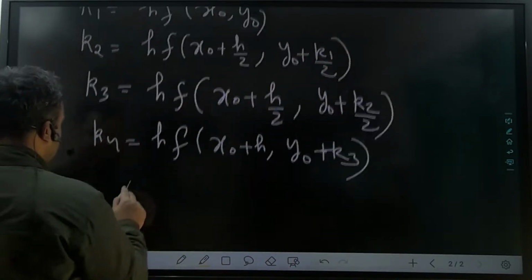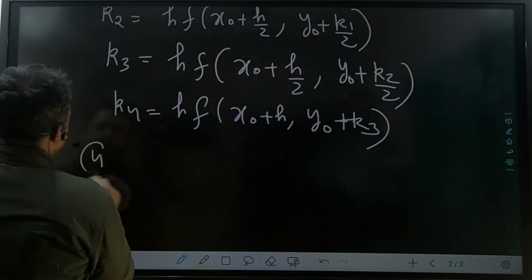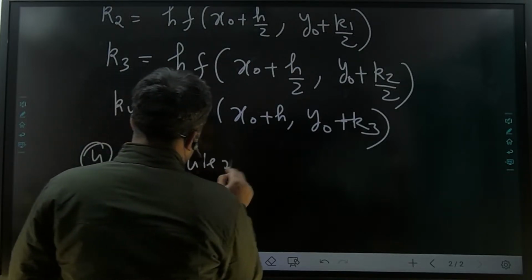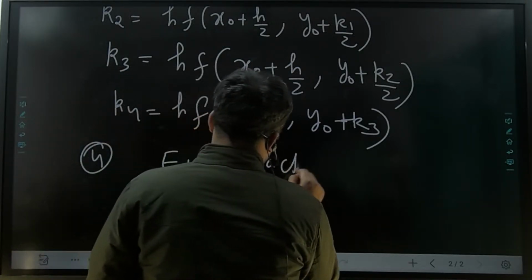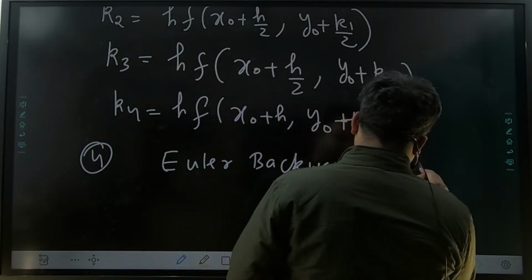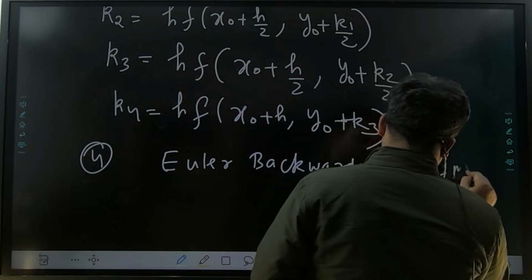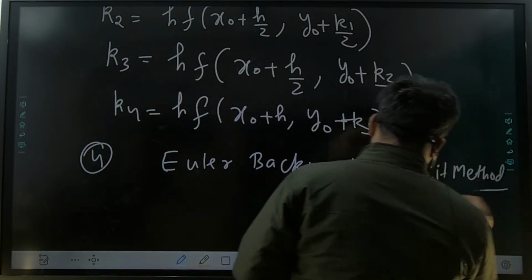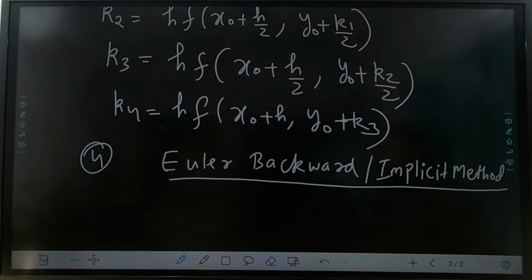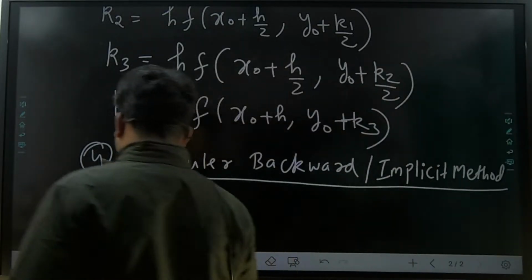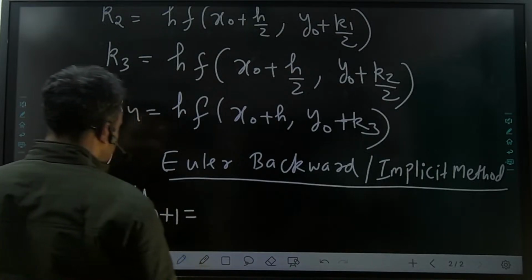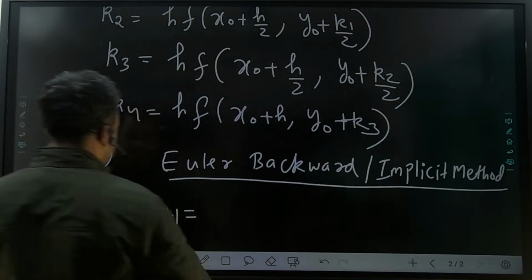And then we have the last, the fourth, Euler's backward or implicit method. So here in the general way, we have to calculate y at n plus 1 point.